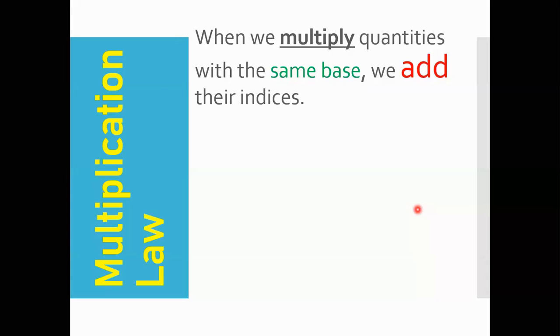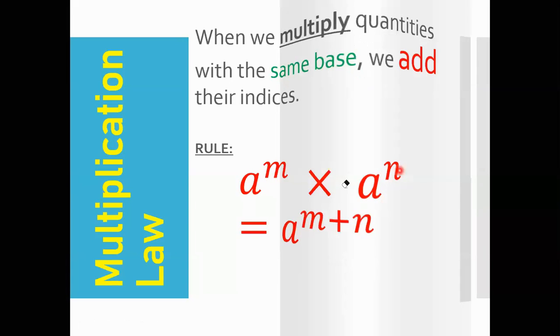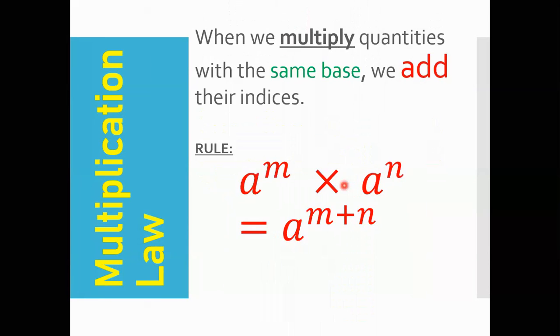And so this is the rule. This is how it looks. So if you have an A, M, and N, A, M, and N can be any numbers. So you'll see in the examples given, they can either remain as letters or they can be numbers. But we give you the letters just so that you can get a general idea of the rule.